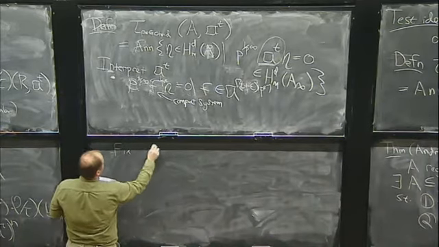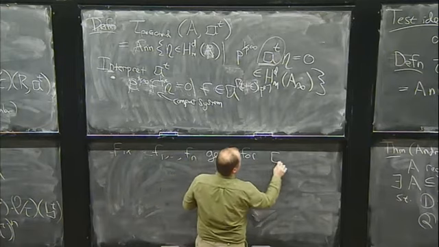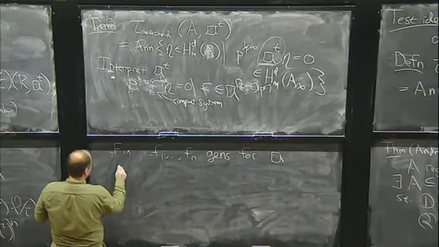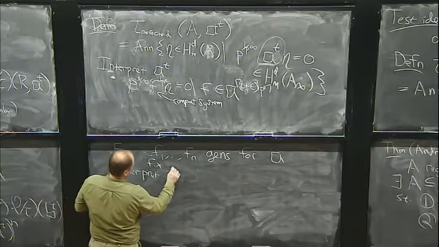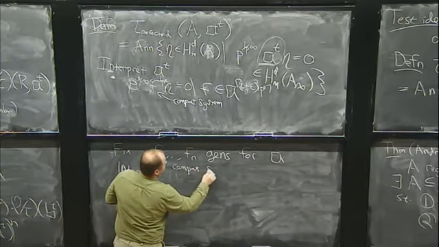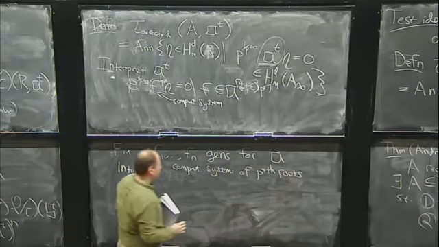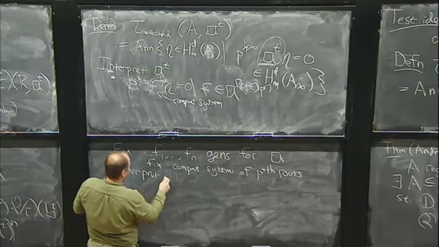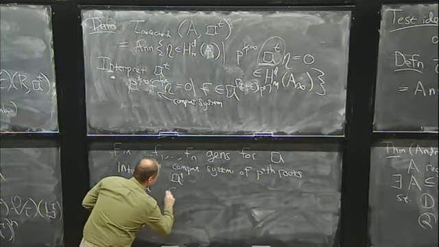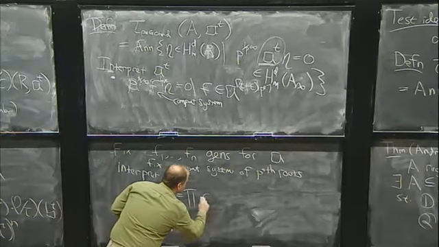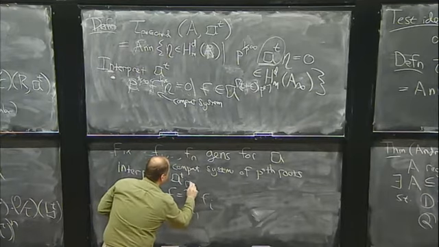So we're going to fix f1 through fn generators for A. And then I could also interpret, fix once and for all compatible systems of p to the e's roots of each one of these elements, and then we interpret a to the t to be f to the 1 over p to the e, where f is just a product of f_i, there can be repeats here, to round up of t p to the e.